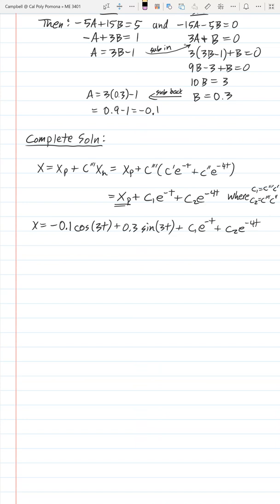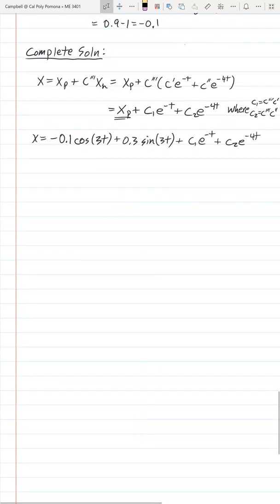And there we go. Now again, though, we haven't quite finished this problem, and that's important to recognize because we still have to account for the initial conditions.